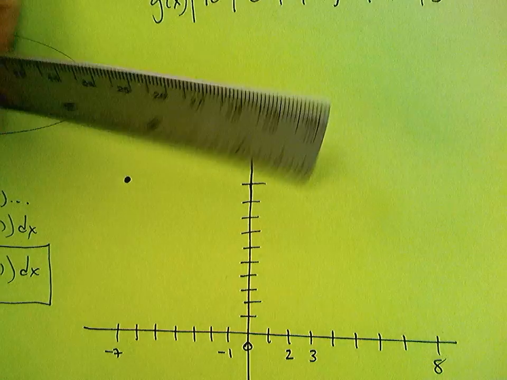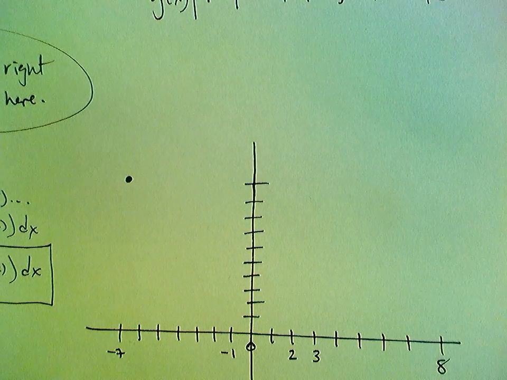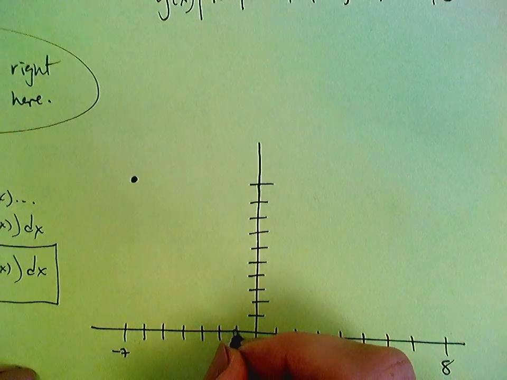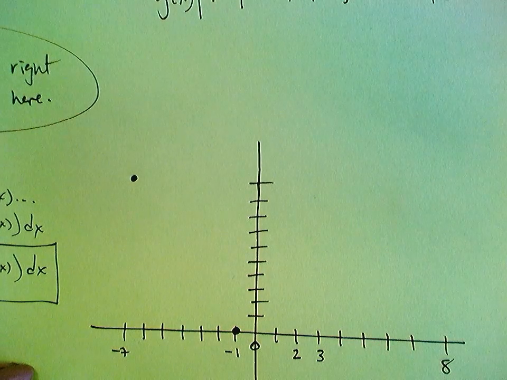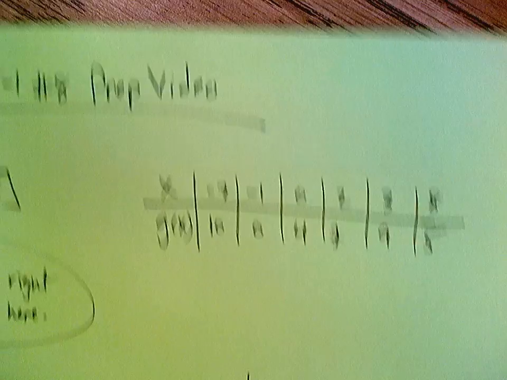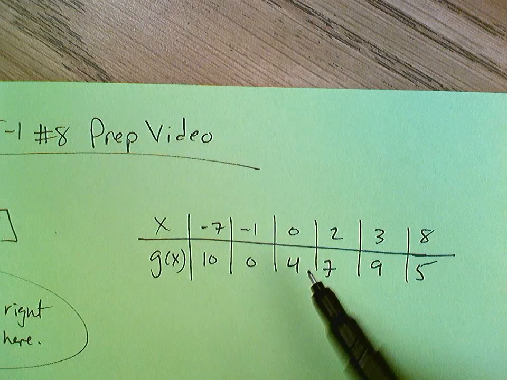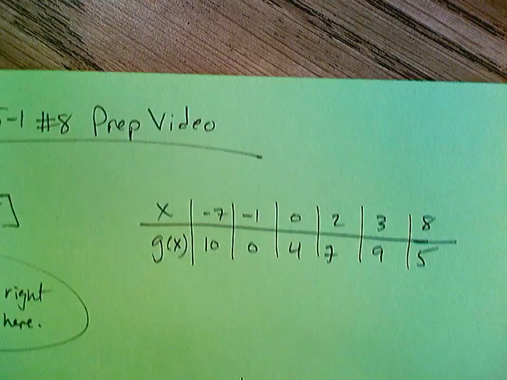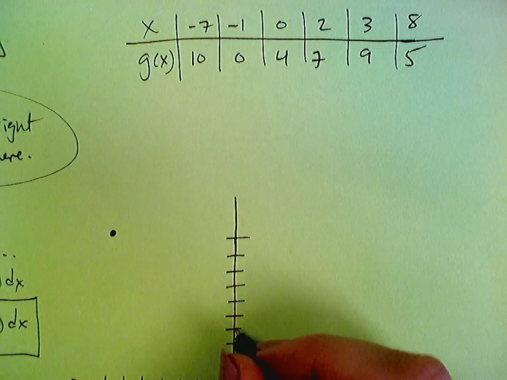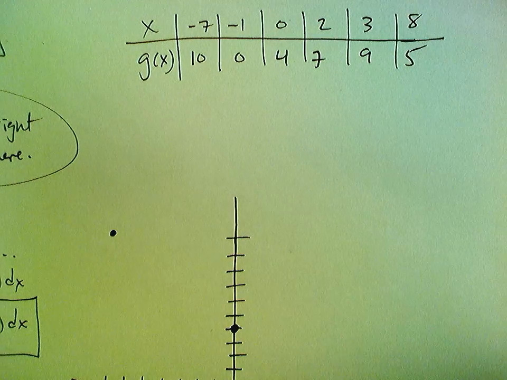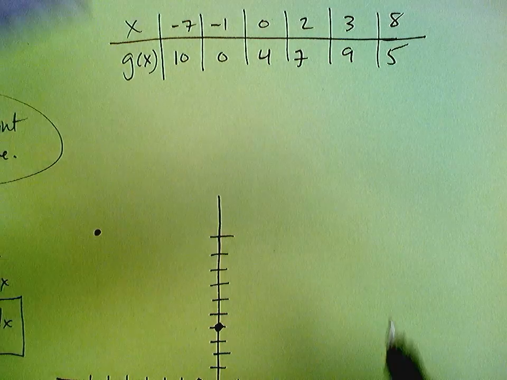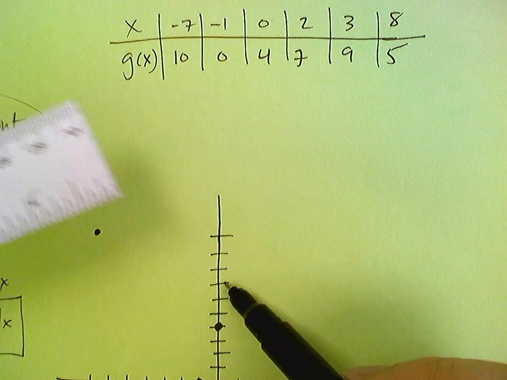I'm not a great artist, that's why that helps me. Then for -1, 0. For 0, I'm referring to these. For an input of 0, I get an output of 4. For an input of 2, I get an output of 7, so 4, 5, 6, 7.